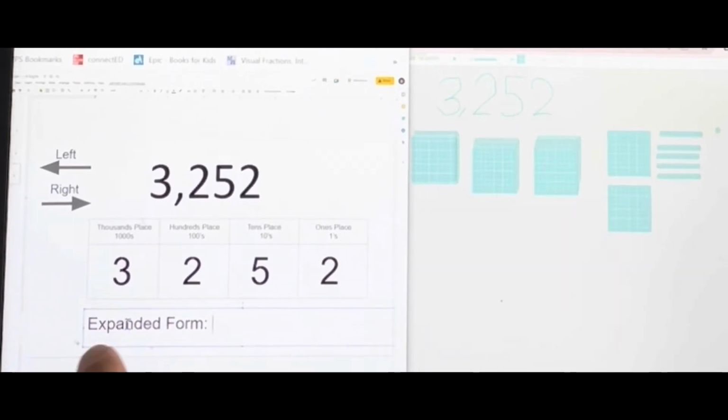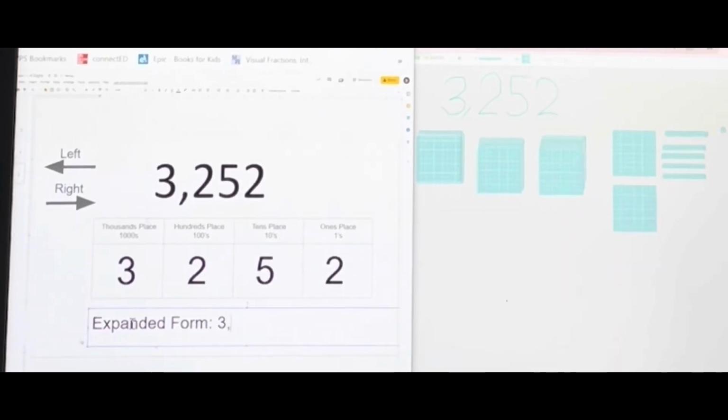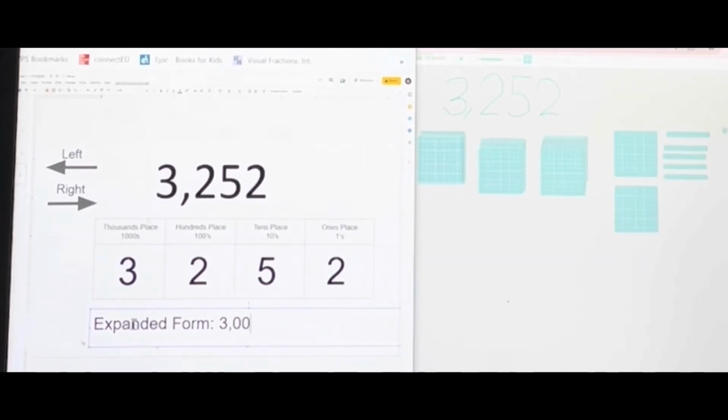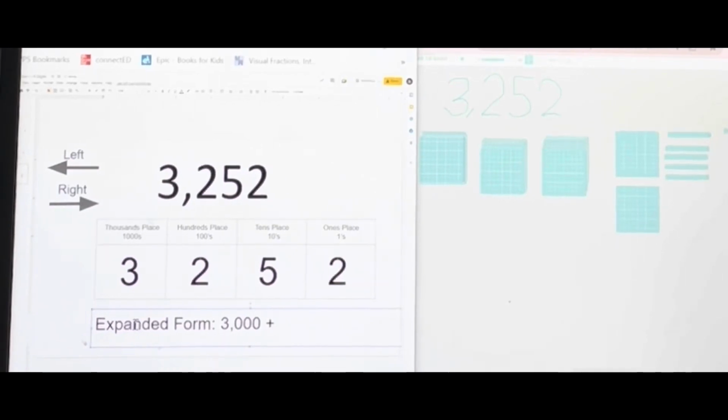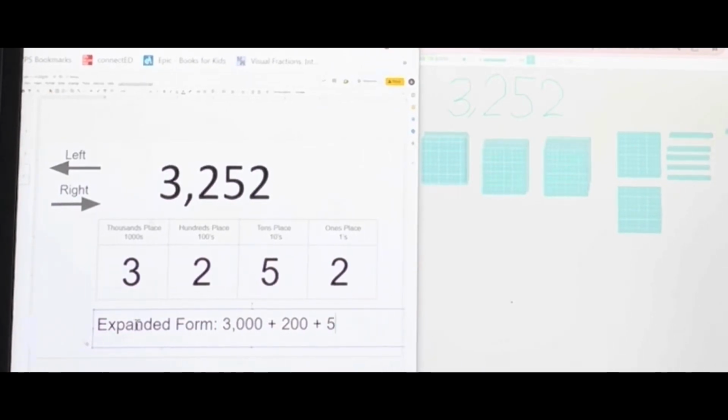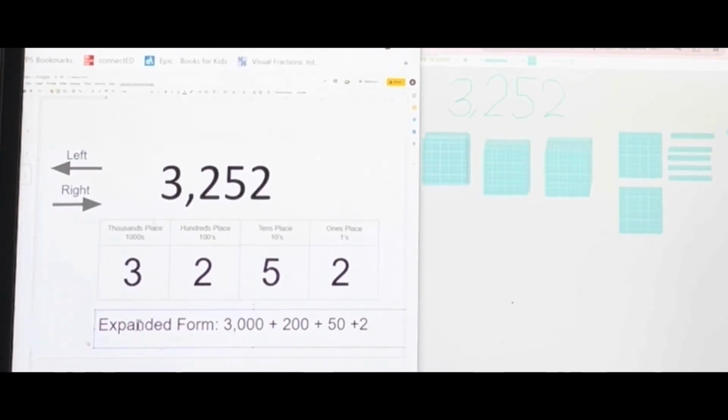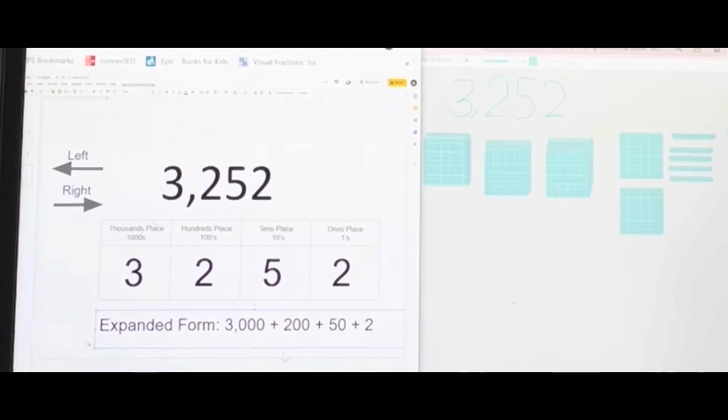There's a 3 in the thousands place, and that equals a value of 3,000. 2 in the hundreds place, which equals a value of 200. 5 in the tens place, which equals a value of 50. 2 in the ones place, which equals a value of 2. So we have 3,000 plus 200 plus 50 plus 2, and that is how you write the number 3,252 in expanded form.